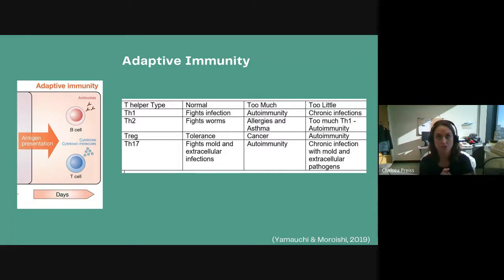So I wanted to give a little real world example of what this looks like. If somebody has a peanut allergy and they ingest peanuts, then a dendritic cell, which is a white blood cell, might come along and present that antigen to a T cell. And the T cell would then release inflammatory cytokines, producing a Th2 response.